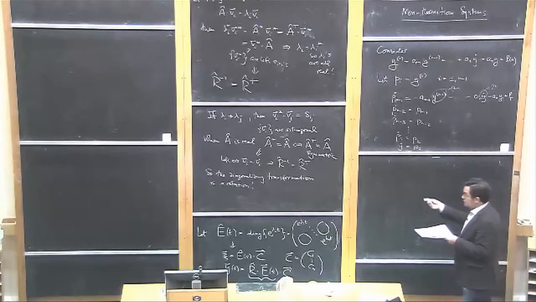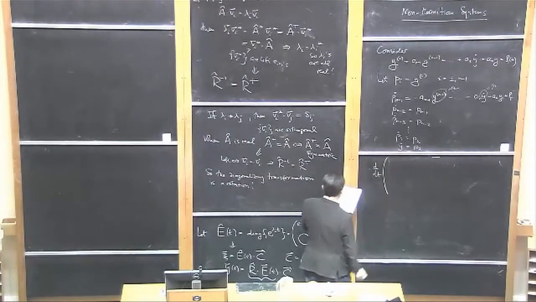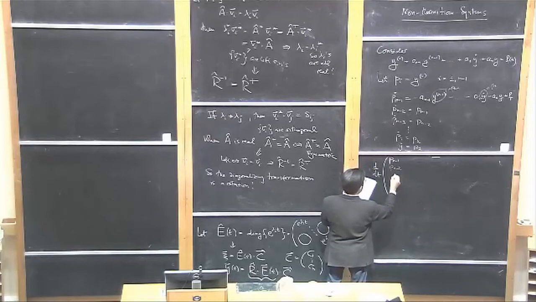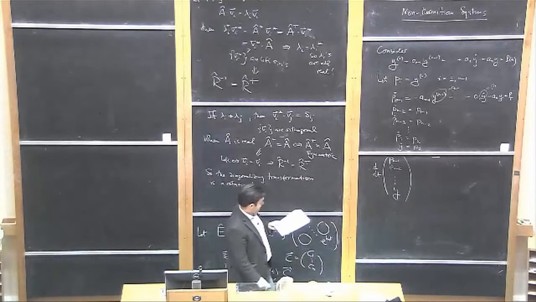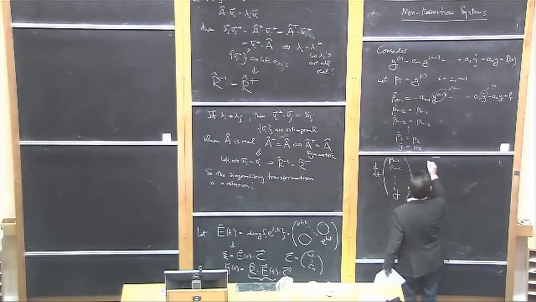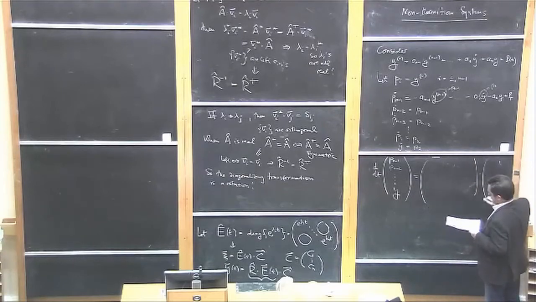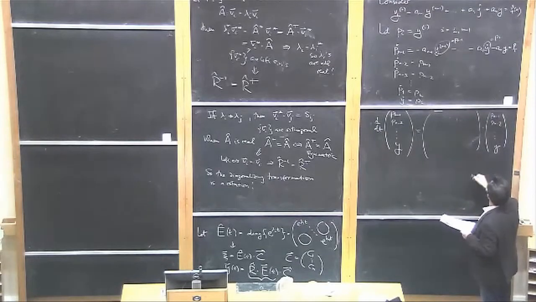Let's write this in matrix form. So it's d by dt of (p_(n-1), p_(n-2), all the way down to y) equals some matrix dot (p_(n-1), p_(n-2), etc., y), plus, okay, so what's in the matrix?